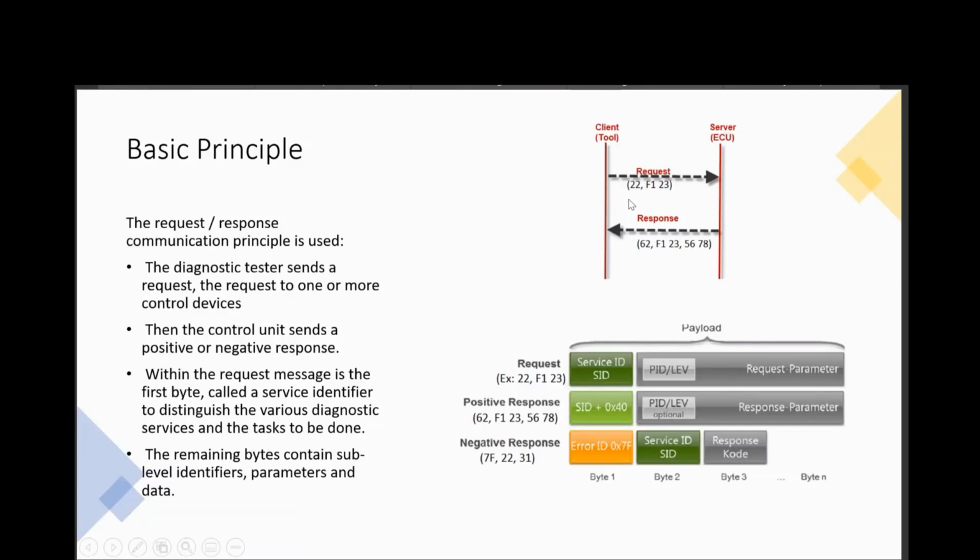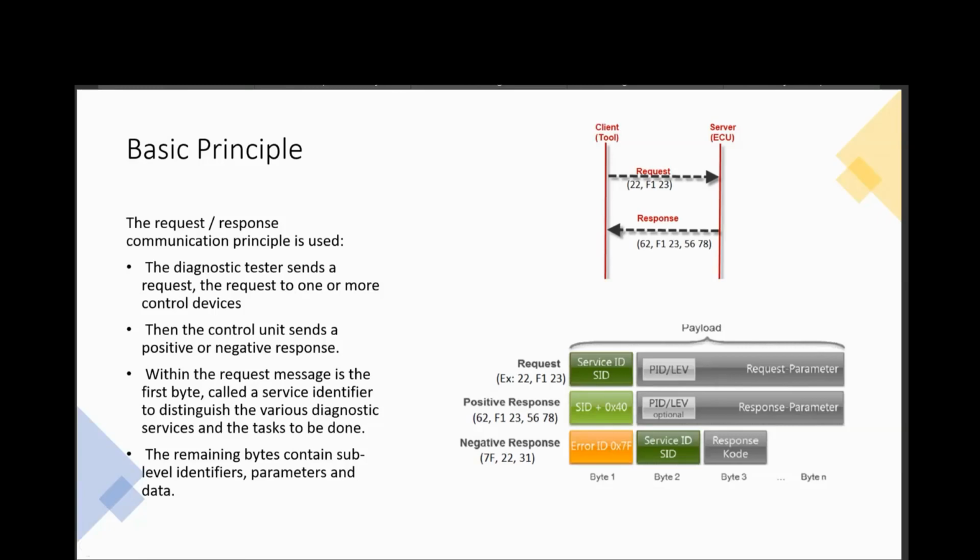First, the tester tool sends a request, and then the ECU will respond with a positive or negative response, depending on the situation. There is a standard format for request and response. There are different services available for different tasks, nearly 25 services.